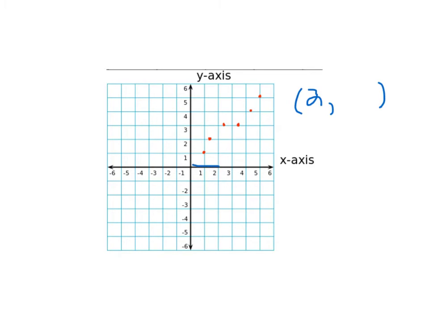So if we would go over to 2 and we would go up and then try to estimate, it looks like it's about 2.5 where that would potentially cross the line there. So that is interpolating because we have looked between two known values.